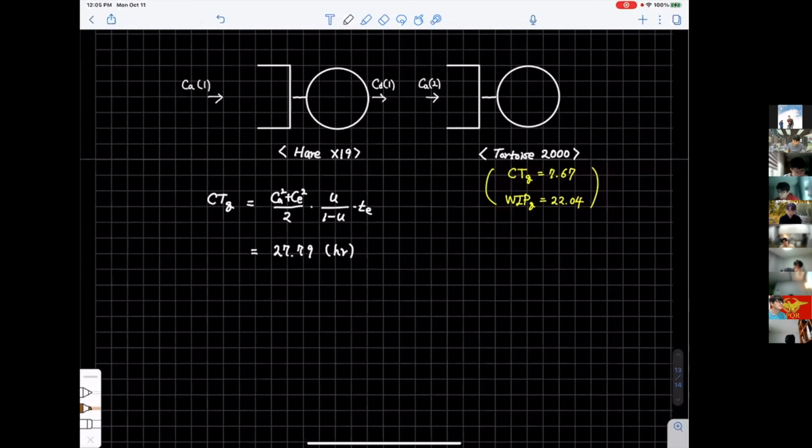Now, let's see how the Ctq of Tortoise 2000 is changed if the departure CV of the preceding machines has an effect on the following machines. In order to calculate this effect, we have to use the relation of flow variability.